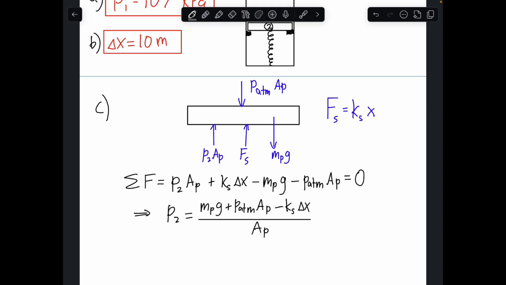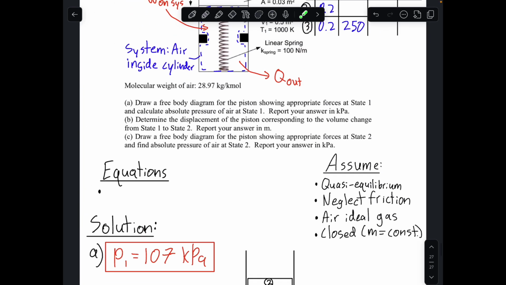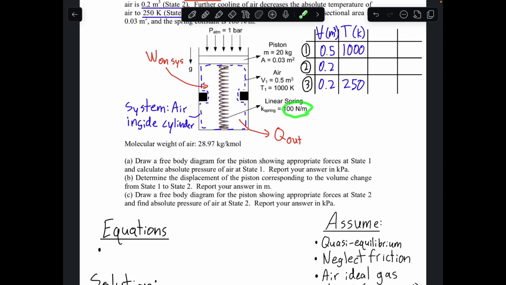And then we can just plug in our values that we have. So the mass of the piston we were given is 20 kilograms, gravity 9.81 meters per second squared, plus P atmospheric, remember, is 10 to the 5 pascals, times the area of the piston, which is 0.03 meters squared, minus Ks was given in the problem as 100 newtons per meter.